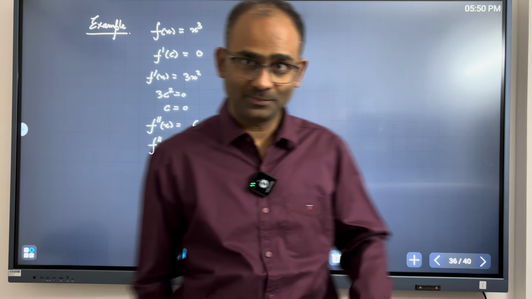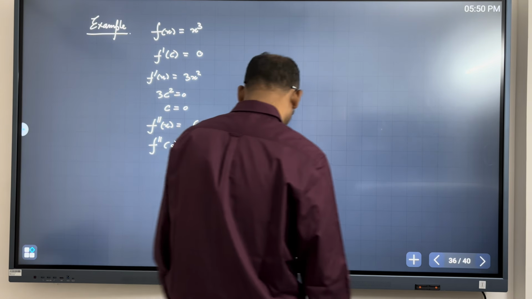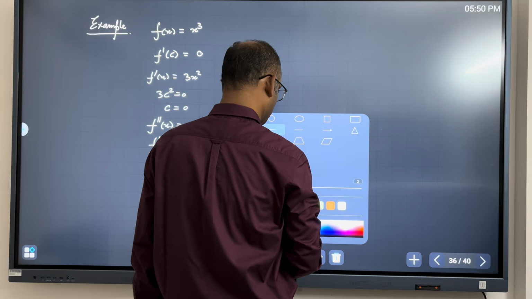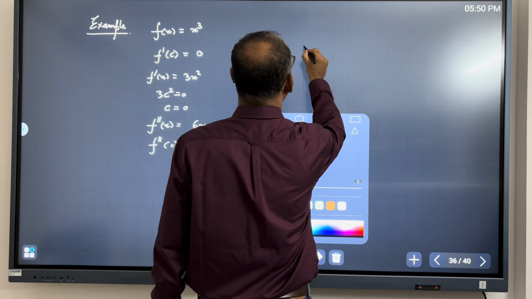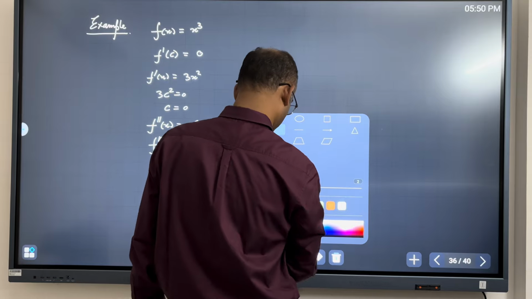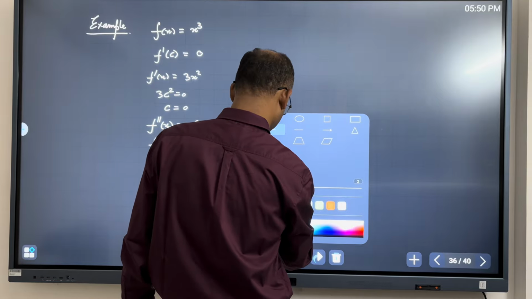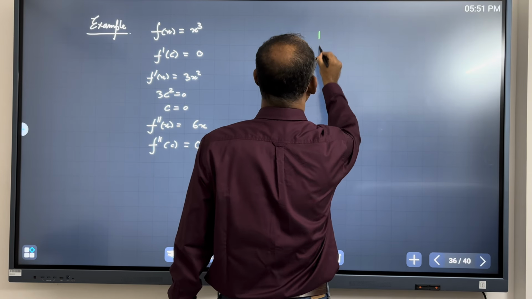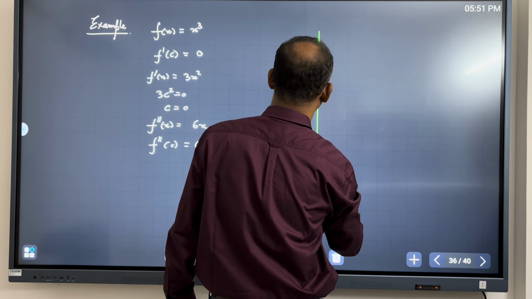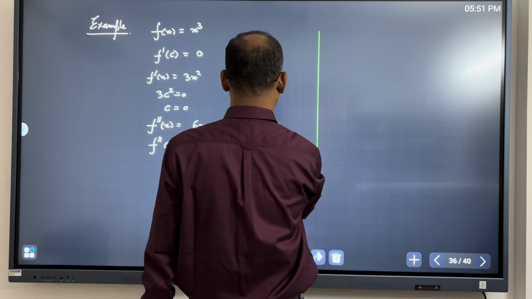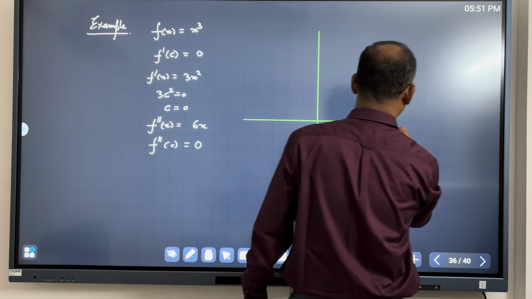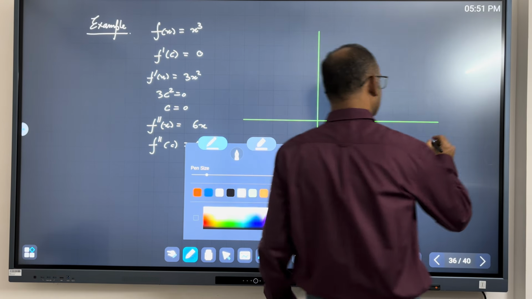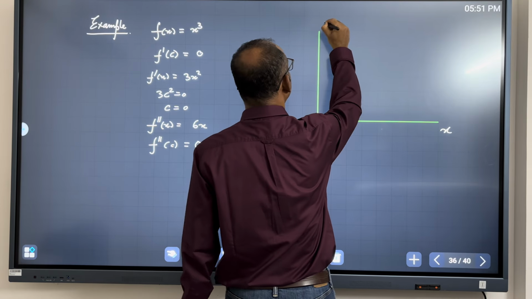So let's see what it looks like. Let's plot x cube. So that's x and that is x cube.